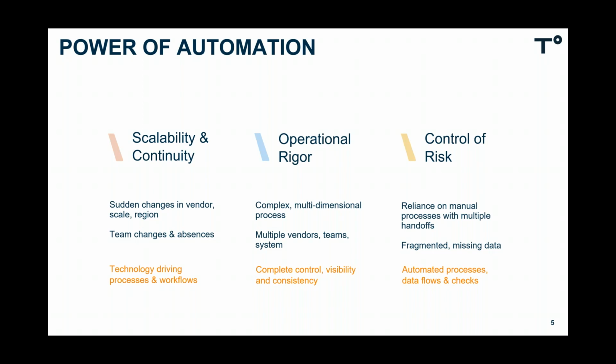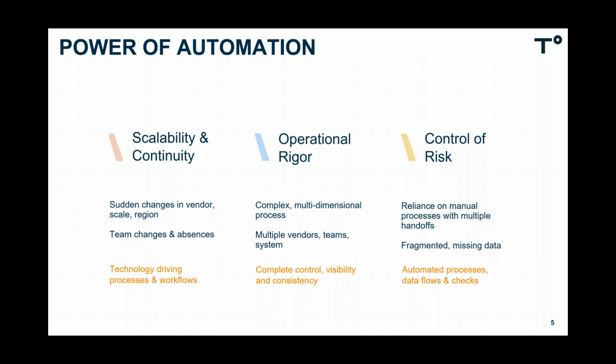And the last piece of this automation puzzle is really controlling the risk. When you rely on manual processes with multiple handoffs, you are prone to error. And errors within our space are very costly, either from a cost perspective or because we're sending out employees that are very, very important to the business.